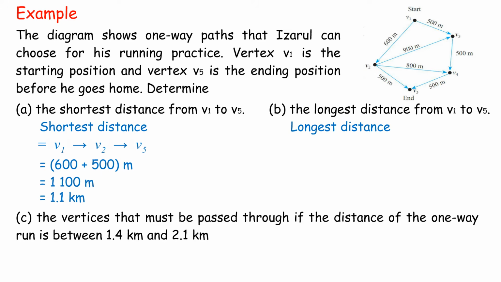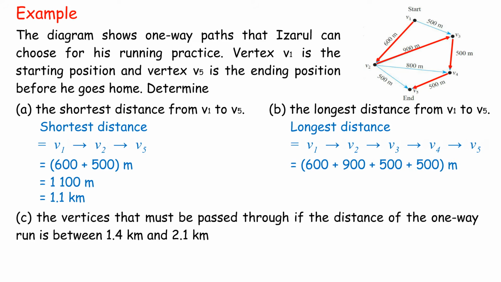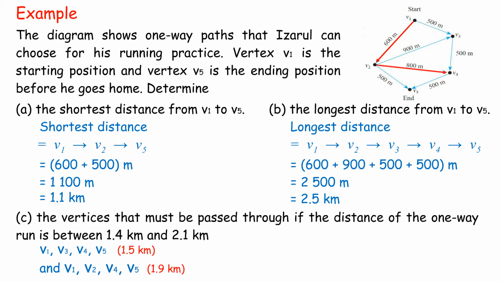B. Longest distance equals V1 to V2 to V3 to V4 to V5 equals 600 plus 900 plus 500 plus 500 meters equals 2,500 meters equals 2.5 kilometers. C. V1, V3, V4, V5, and V1, V2, V4, V5.